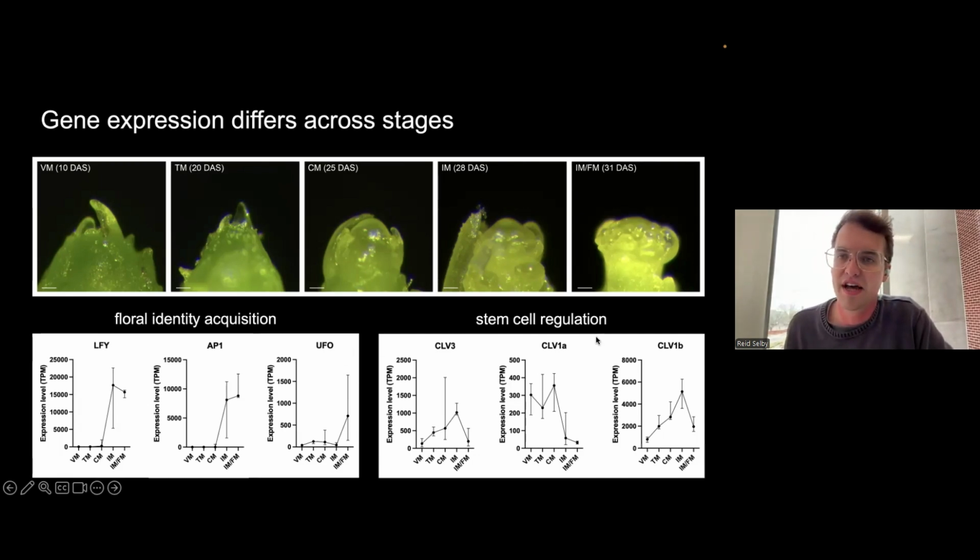And then next, I also wanted to look at genes that regulate stem cells, specifically in the CLAVATA pathway. And I'll get into this in just a second, but we do see patterns that sort of recapitulate what we've seen in species like sunflower, especially with CLAVATA3 here.